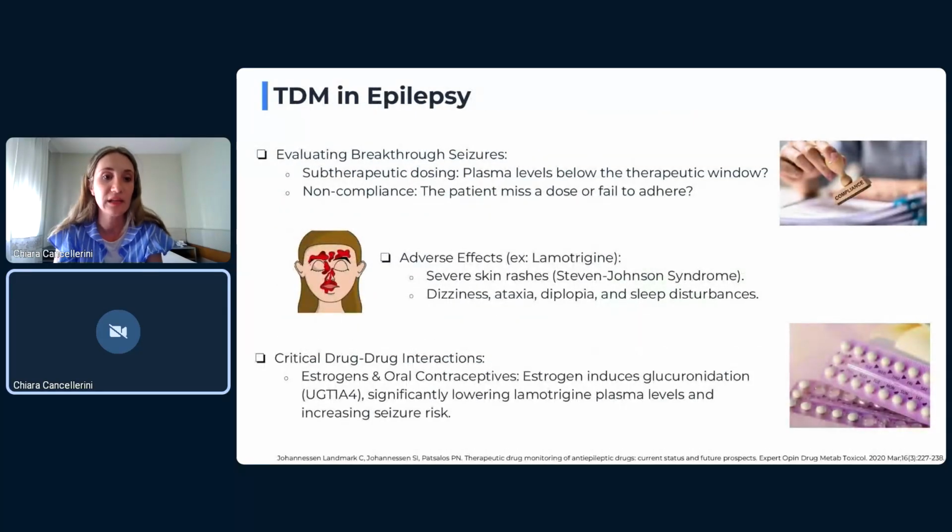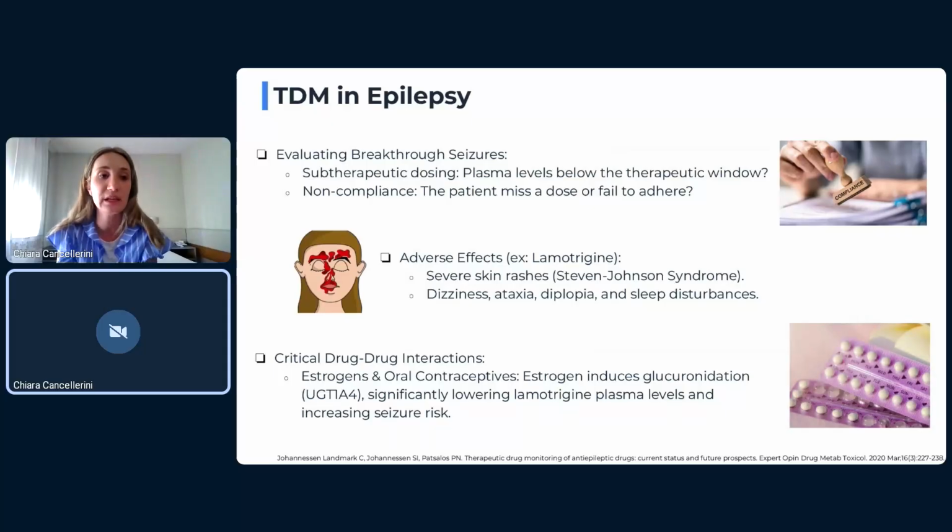So why TDM in epilepsy? Besides routine TDM, it becomes really important after a breakthrough seizure, as it can allow us to determine if the event was triggered by underdosing or poor patient compliance, so we can better understand what happened.